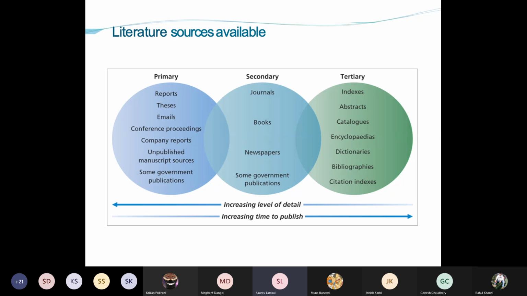And moving on to secondary research: journals, books, newspapers, some government publications. These can be classified based on the level of detail and increasing time. As you can see below, the level of detail you can obtain from primary literature is more than from secondary.